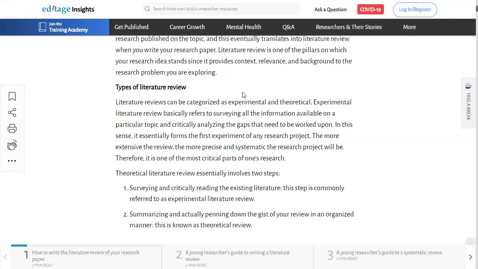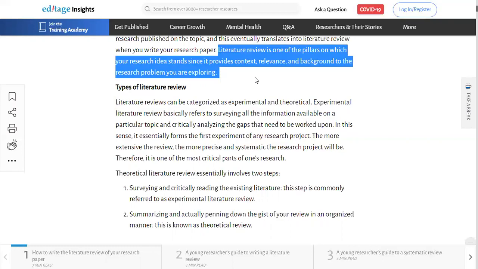So those are the aspects that we need to take into account for the creation of this section, right? As we see here, the literature review is one of the pillars on which your research idea stands, since it provides context, relevance, and background to the research problem you're exploring.